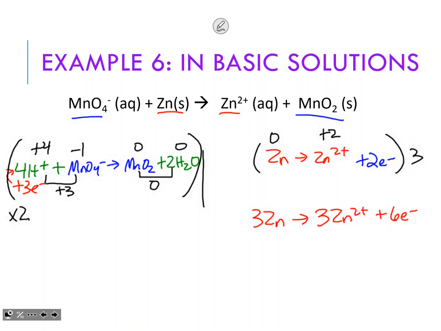This side, we get 6 electrons plus 8 hydrogens plus 2 permanganates, giving us 2 MnO2s and 4 waters, right?